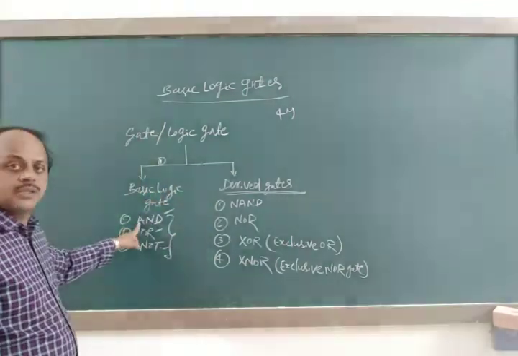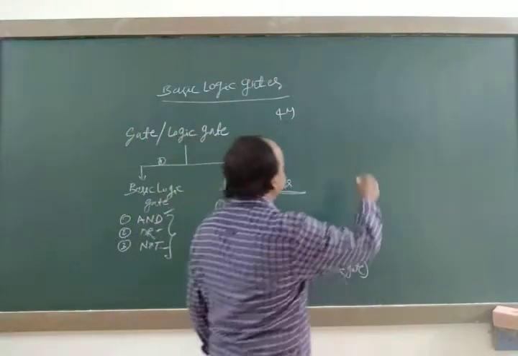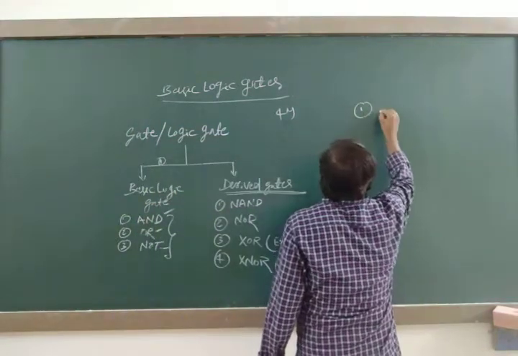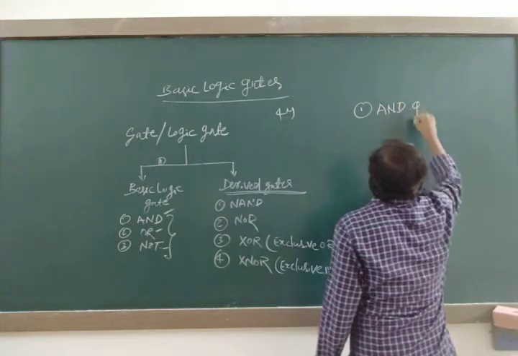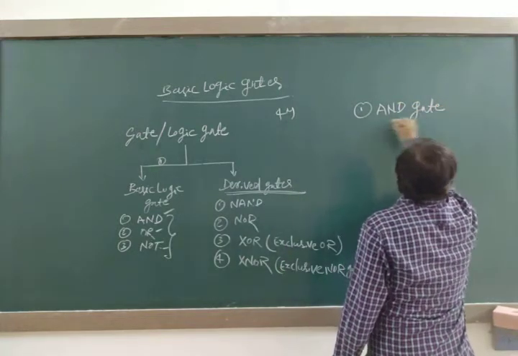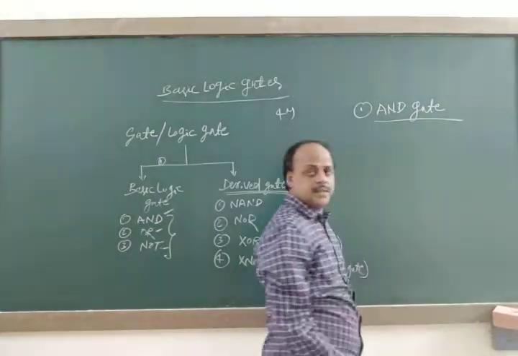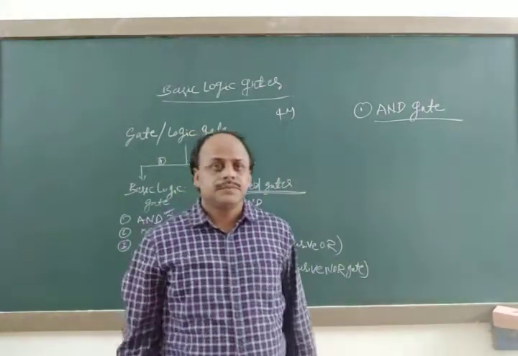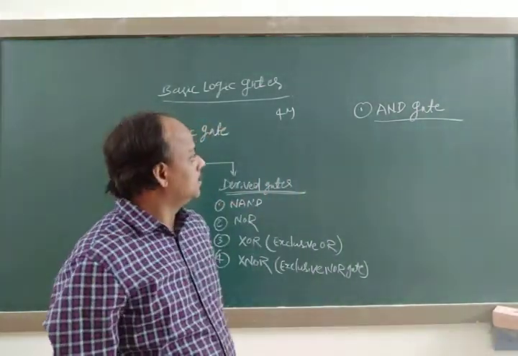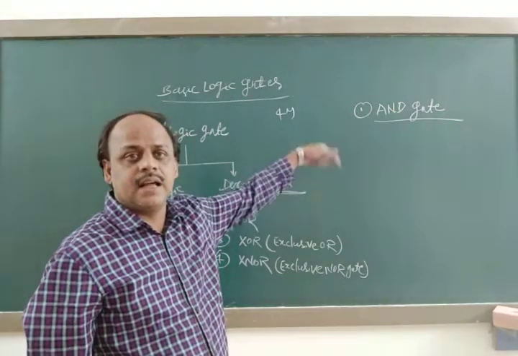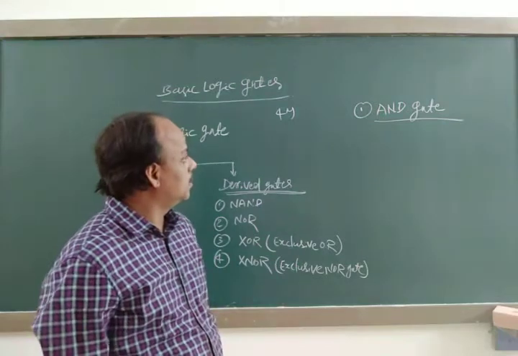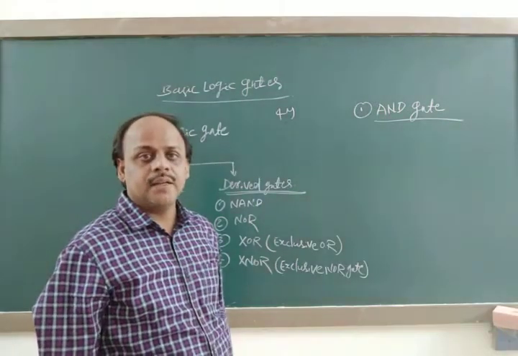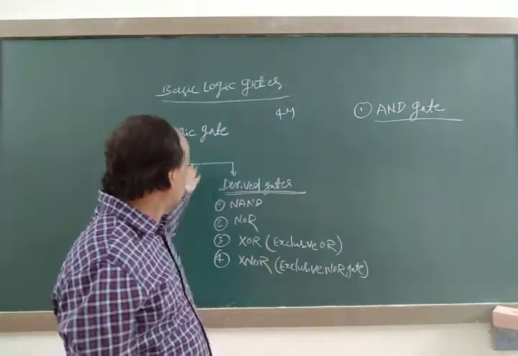Consider first the AND gate. This is the first basic gate, AND gate. In the exam point of view, it is very important to know the definition of all these gates.